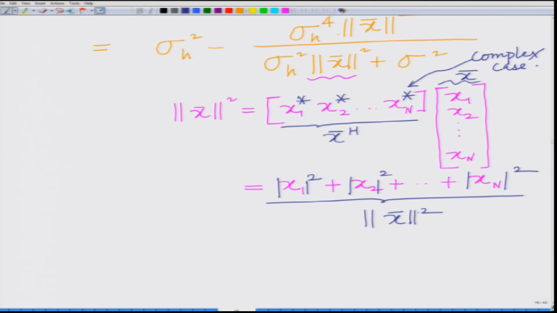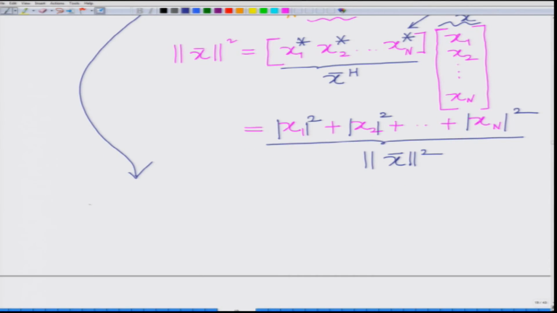Okay. And now therefore, you can simplify this part, just carry forward from where we left off.